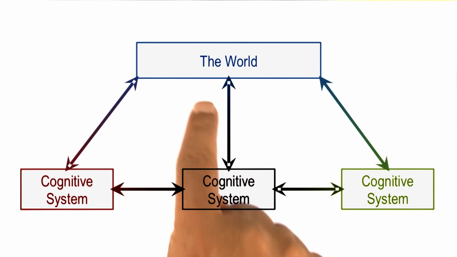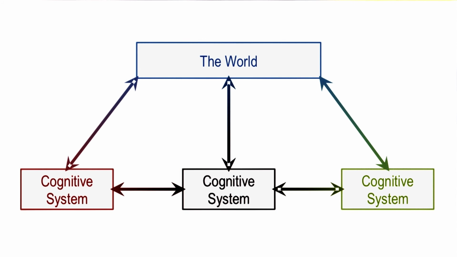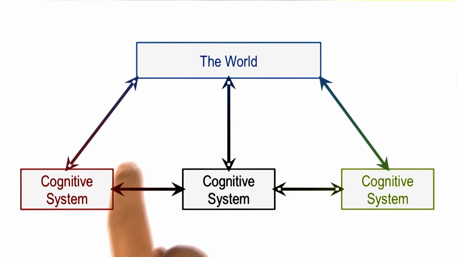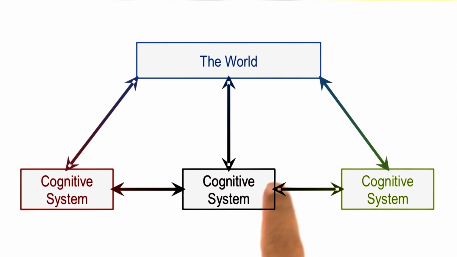Any cognitive system is not just monitoring and observing the physical world, it is also monitoring and observing the social world, the actions of other cognitive systems in the world, for example. Any cognitive system learns not just from its own actions, but also from the actions of other cognitive systems around it. Thus, a cognitive system needs to make sense not just of the physical world, but also of the social world. We saw some of this when we were talking about scripts. There we saw how a cognitive system used a script to make sense of the actions of other cognitive systems.